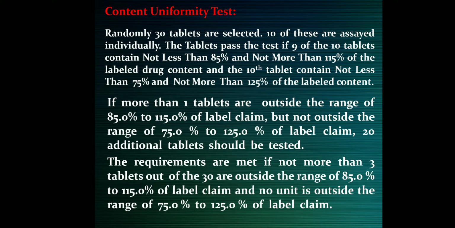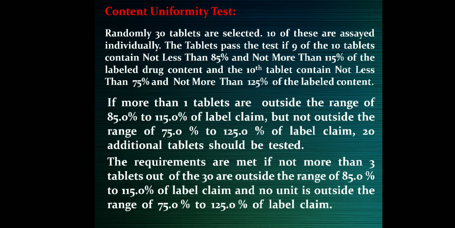If more than one tablet is outside the range of 85 to 115% of label claim, but not outside the range of 75 to 125% of label claim, we have to evaluate 20 additional tablets.